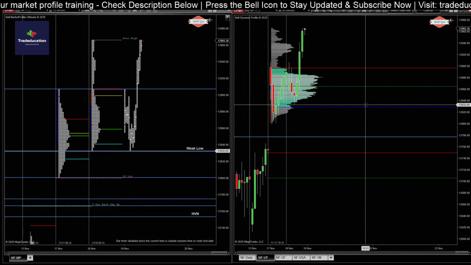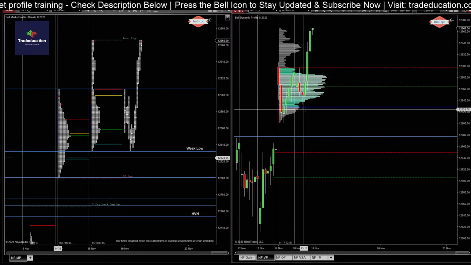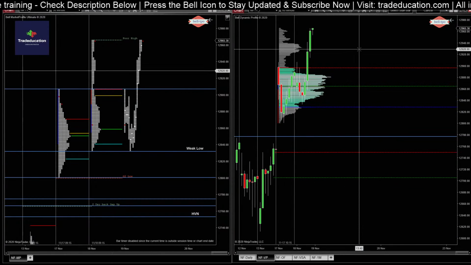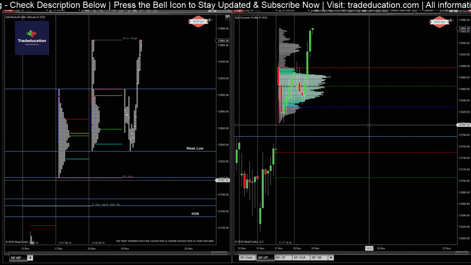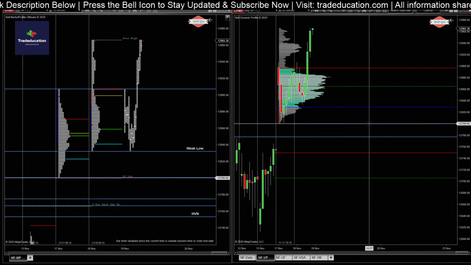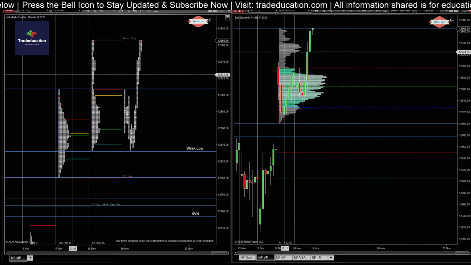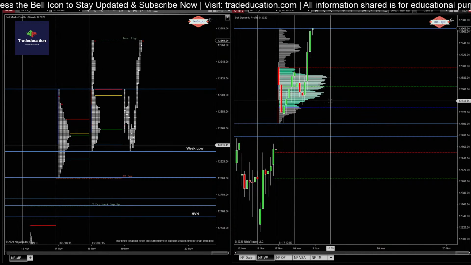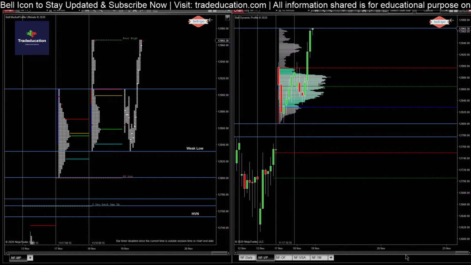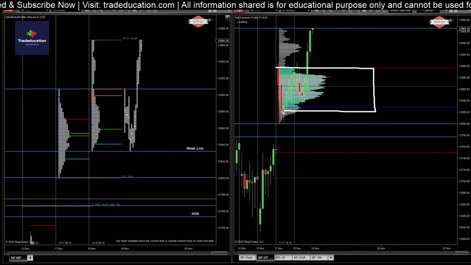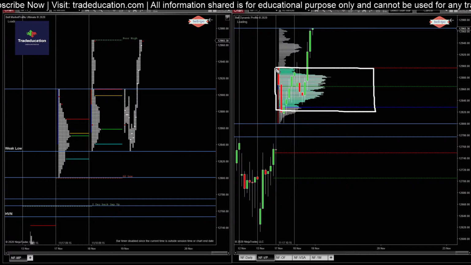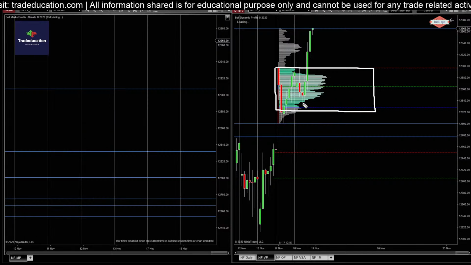So I've added the volume profile chart for the 2 day auction which developed, wherein this is the balance low, this is the balance high, and overall, if you see the major fat area of the balance, that is this particular zone. This is where the major distribution has happened, where the major balance is.